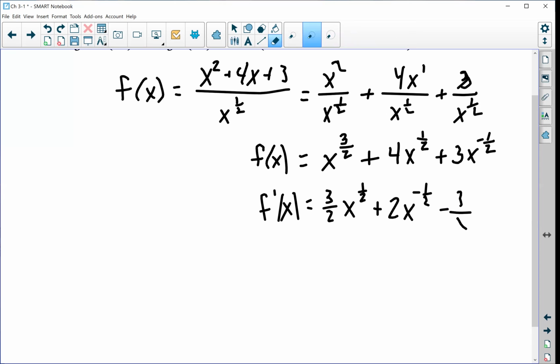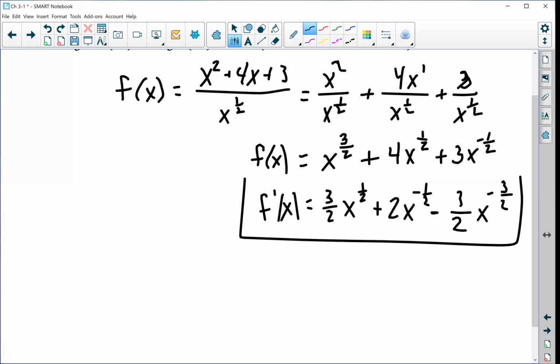Oh my goodness. Okay, so if you have a quotient at this point, we need to somehow write it as a sum or difference of some powers of x.